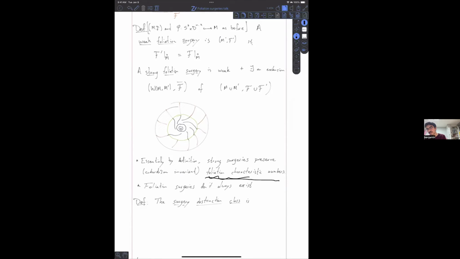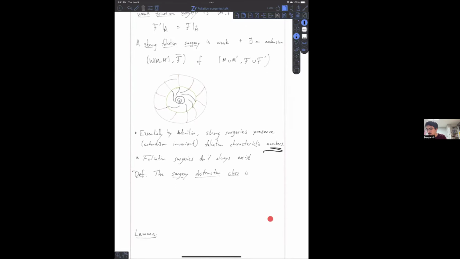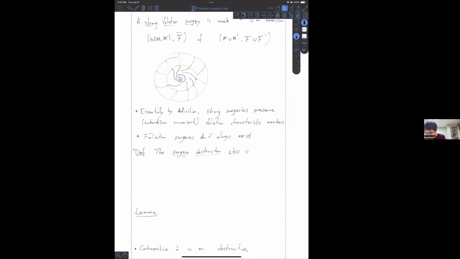When these are cobordism invariants, the characteristic numbers are preserved by strong surgeries, essentially by definition. But anyways, I haven't defined all that, so ignore it.